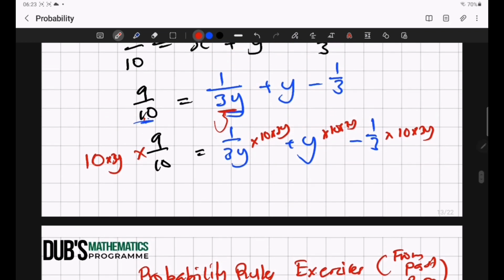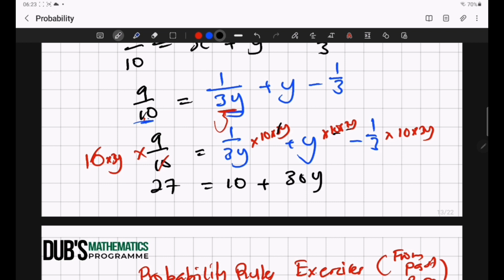So here these two will cancel out, and we'll be left with 3 times 9, which would be 27. We'll have 27 here, equal to, 3 and 3 will cancel, we'll be left with 10 here, and then here we'll be left with 10 times 3Y times Y, which is 30Y squared.